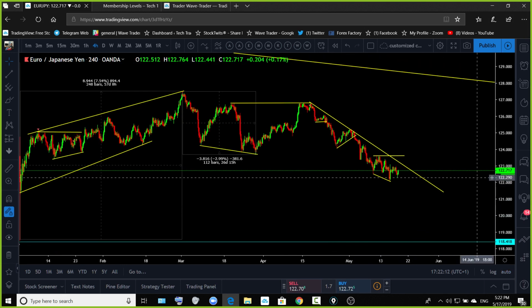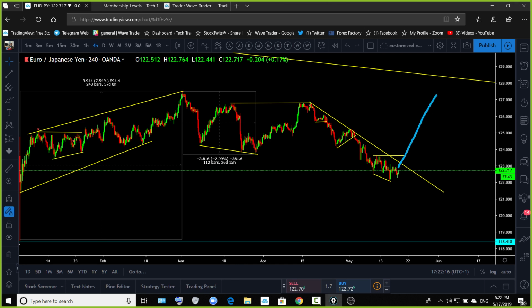A stronger break up can reverse the trend all the way back to the top, but currently we are not expecting that move. We are looking for it to continue to go lower, yen to keep pushing lower.